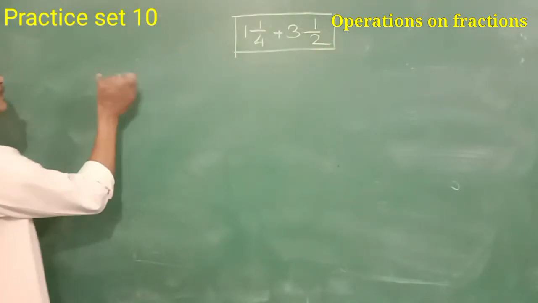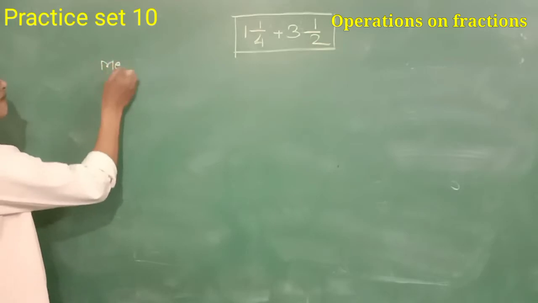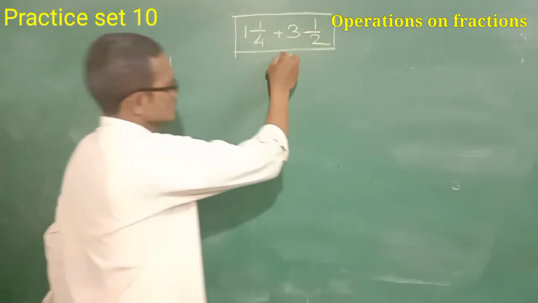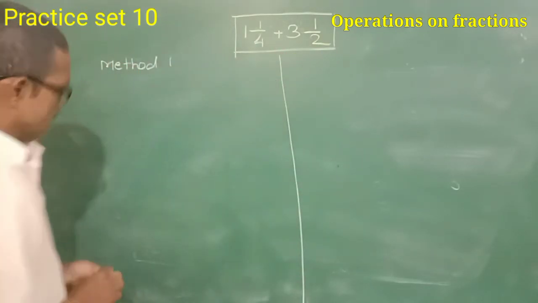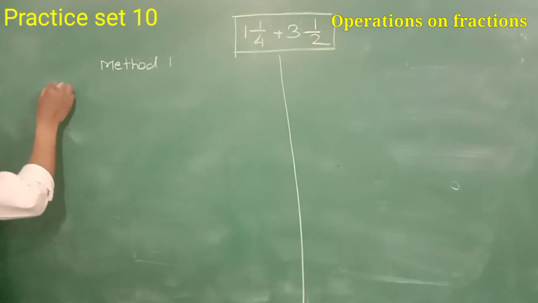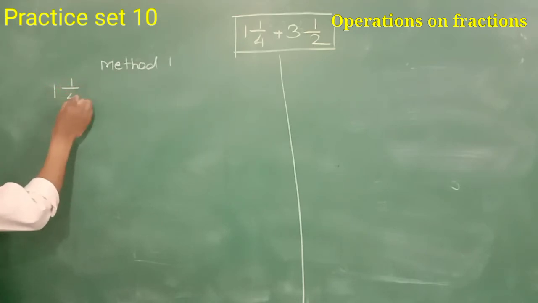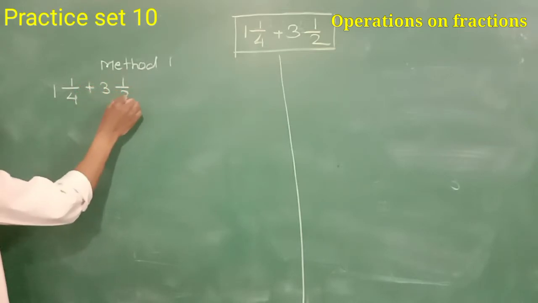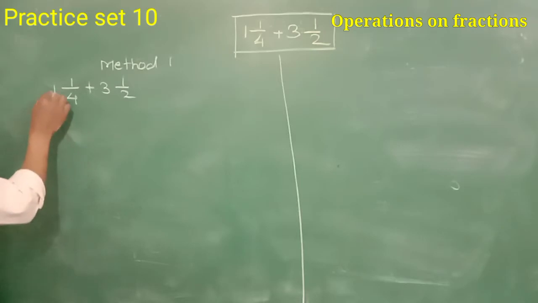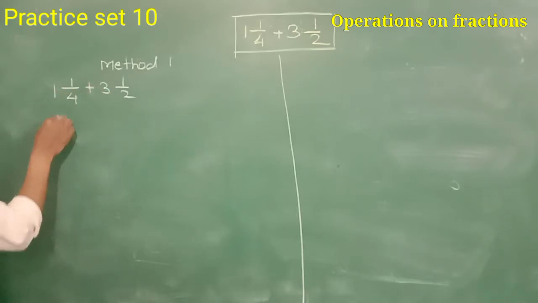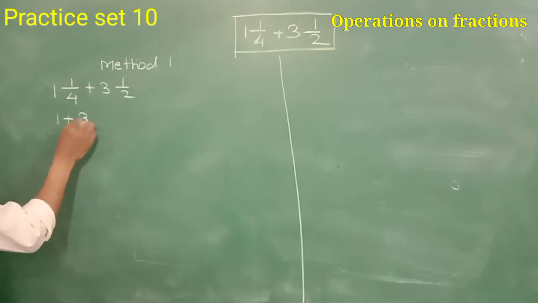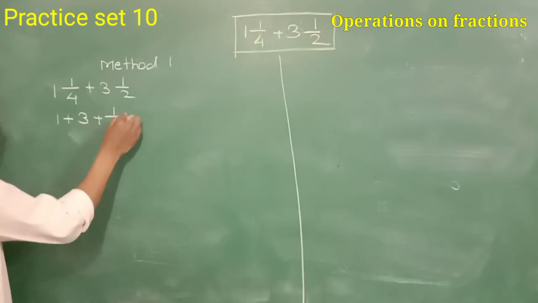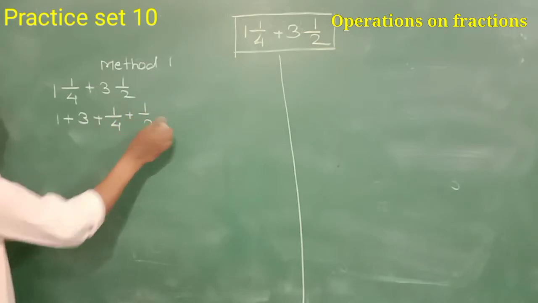In the first method, let's write the example, 1 1 upon 4 plus 3 1 upon 2. Here we know that we can add the whole numbers 1 plus 3, plus, now we can add these fractions 1 upon 4 plus 1 upon 2.